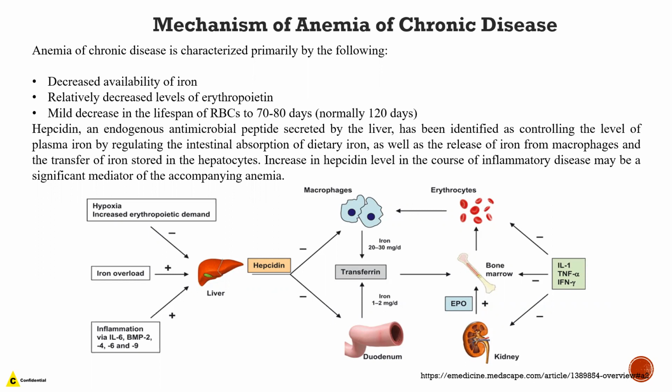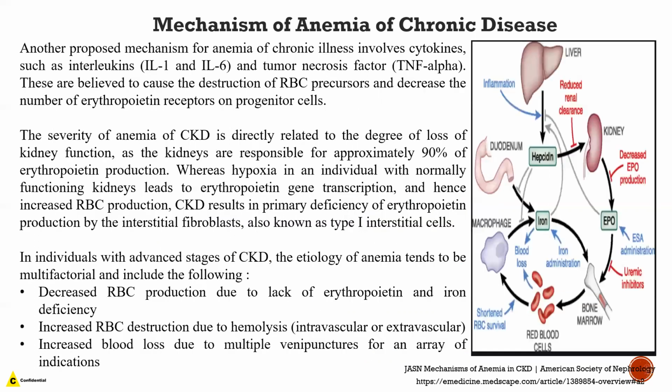Hepcidin, an endogenous antimicrobial peptide secreted by the liver, has been identified as controlling the level of plasma iron by regulating the intestinal absorption of dietary iron, as well as the release of iron from macrophages and transfer of iron stores in hepatocytes. Increased hepcidin level in the course of an inflammatory disease may be a significant mediator of the accompanying anemia.